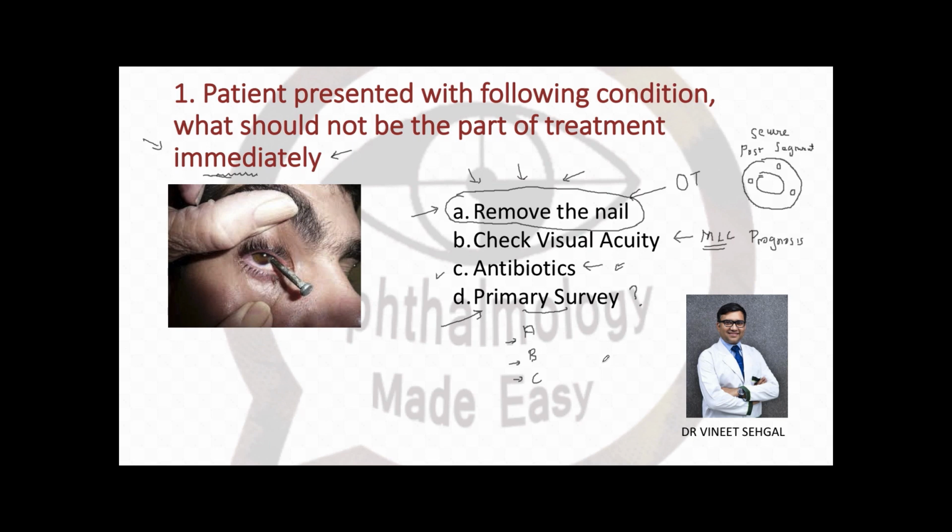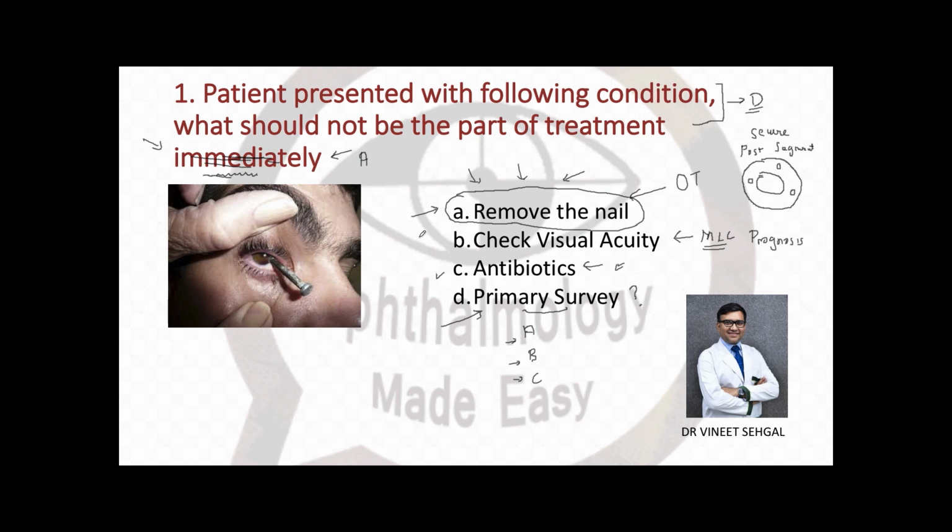So my opinion here is, if the immediately word is there, then your answer should be A. If the immediately word is not there and the question is what should not be the part of treatment, then the answer should be D, that is the primary survey.